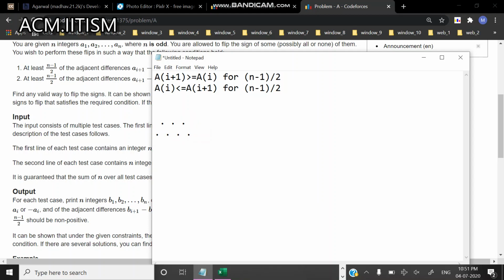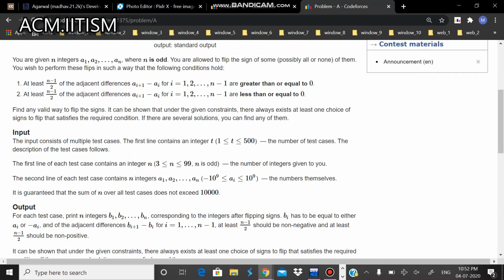So to implement such a code, I want to ensure that this particular element is definitely smaller than this element. A simple thing to observe is that all the even positions in this case are smaller than the odd positions. And what they are asking is that we can flip the signs.